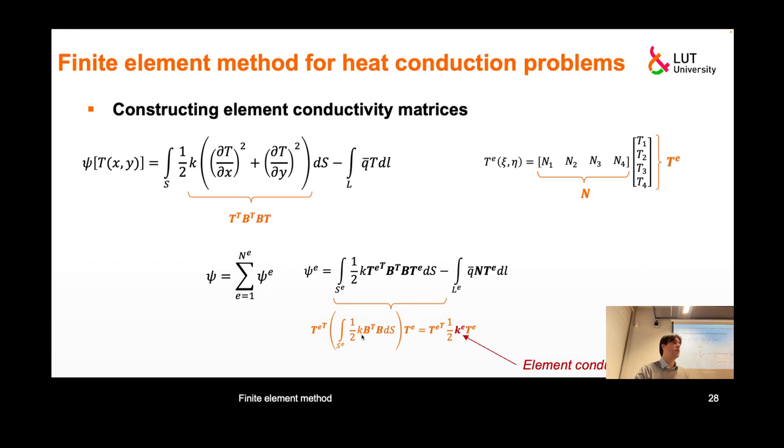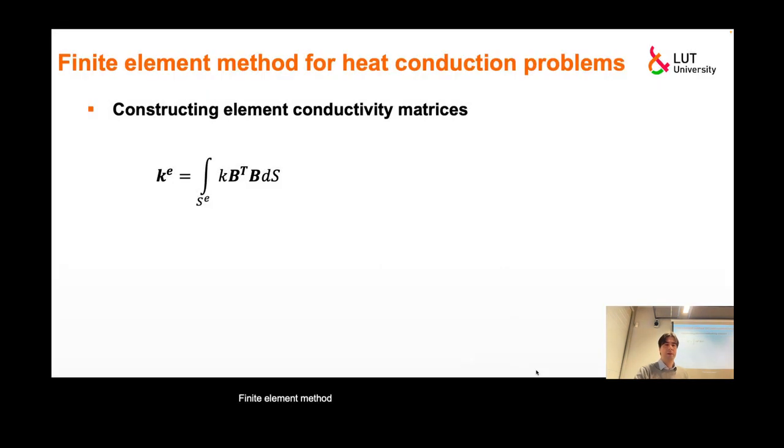This is regular k, the conductivity property, and this is a bold matrix, but it has to do with conductivity. So again I put it here, this conductivity matrix for an element.